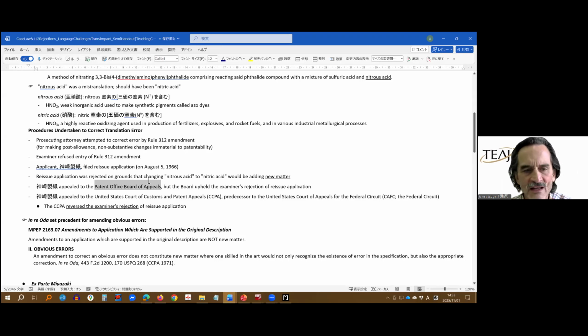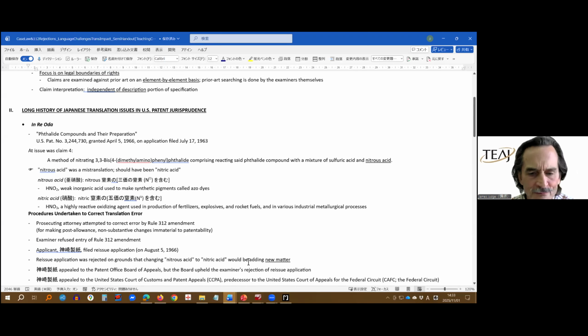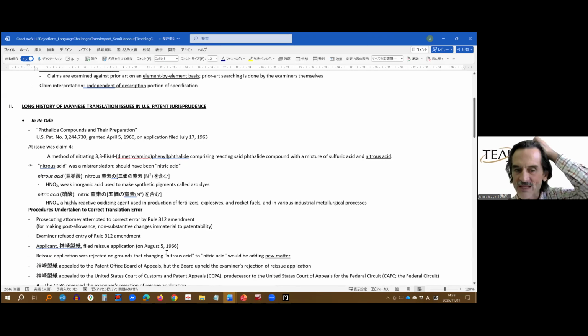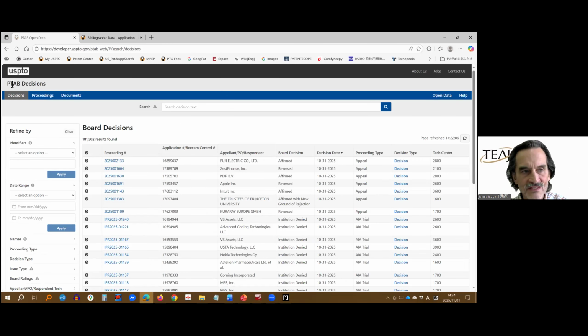So that's why there's no word trial here, whereas, well, I already described it. PTAB is, this T stands for trial. And that's new.